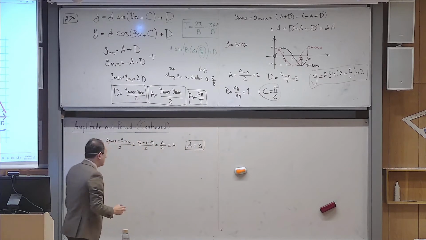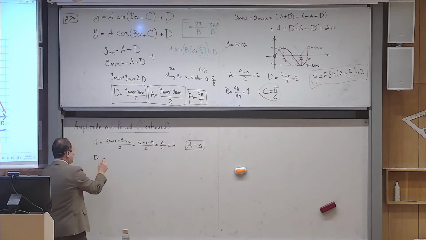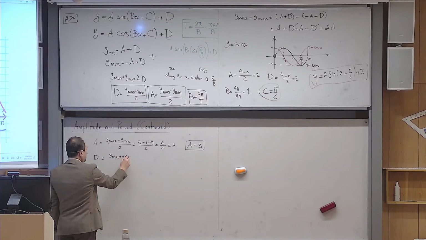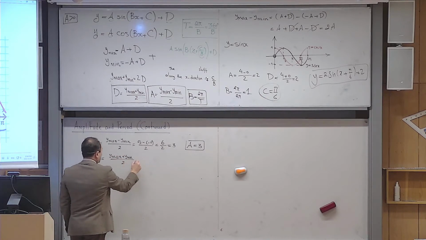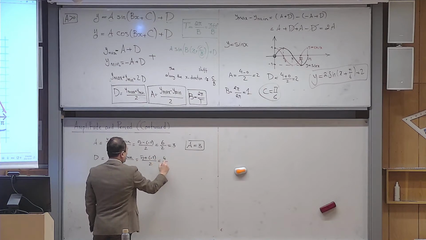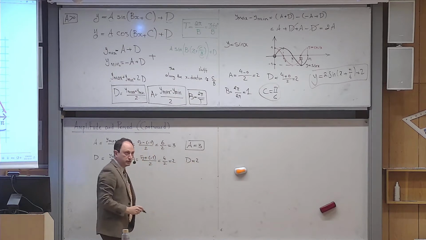Yes? And then I do D. D is equal to y max plus y mean divided by 2, which is 5 plus -1 divided by 2. 4 divided by 2 is 2. So D is 2. Okay?